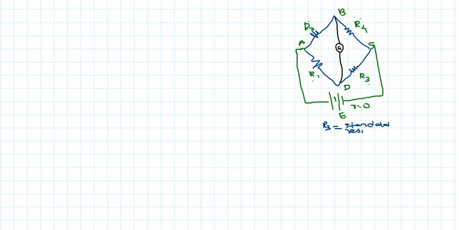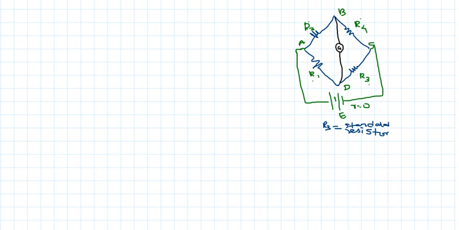At the place of R3, we are placing a resistance box, in which we have exact values with plug keys. If I am removing a 2 ohm plug from it, it is applying a 2 ohm resistance in the network. If I am removing a 100 ohm plug, then it is exactly applying 100 ohm in the network. That type of resistance box I am placing at the place of R3.